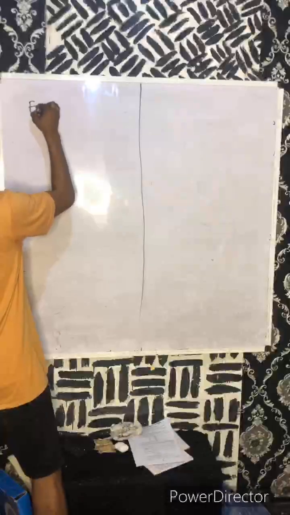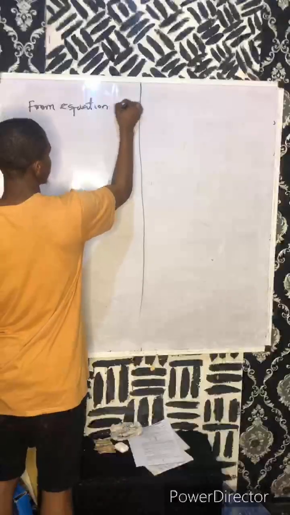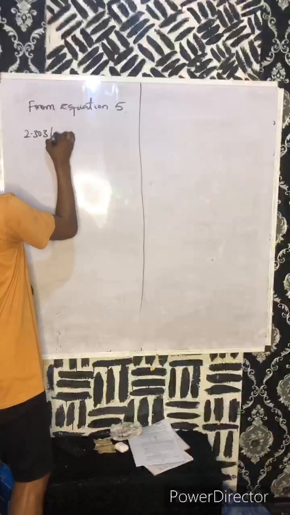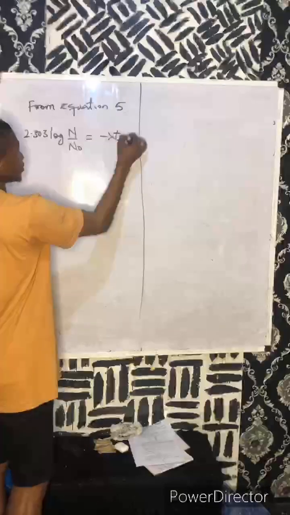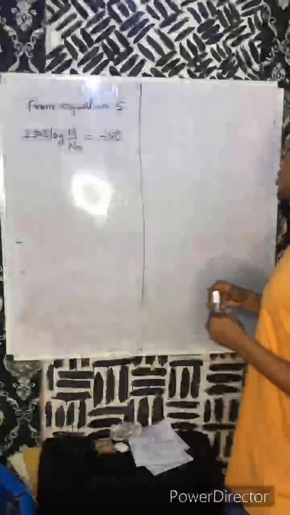From equation 5, that is 2.303 log n over n naught equals minus lambda t. Yes, this particular one.